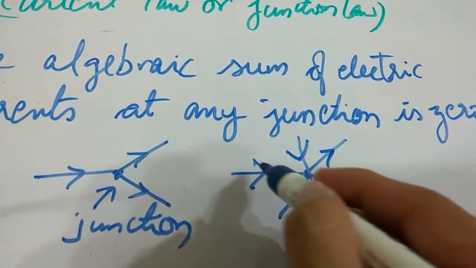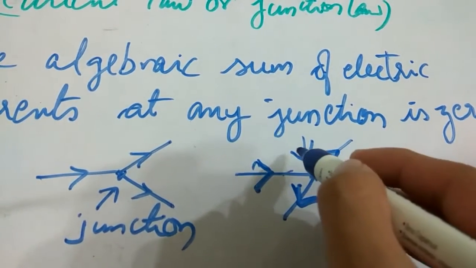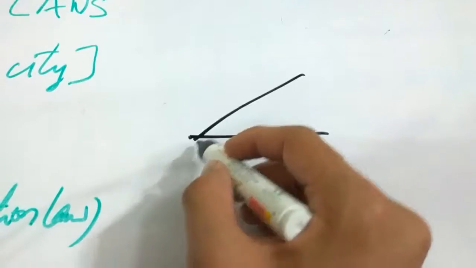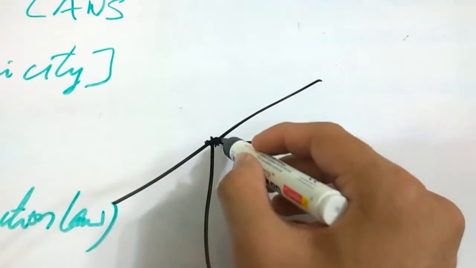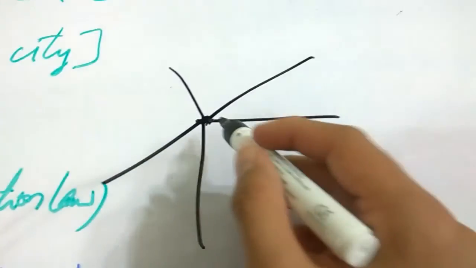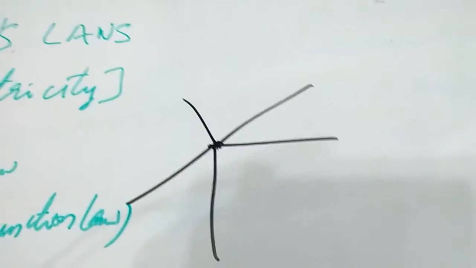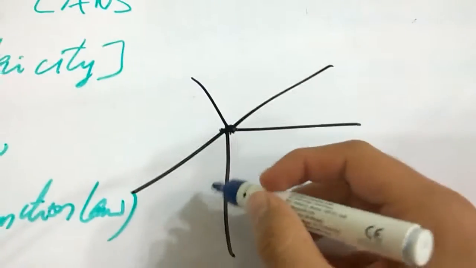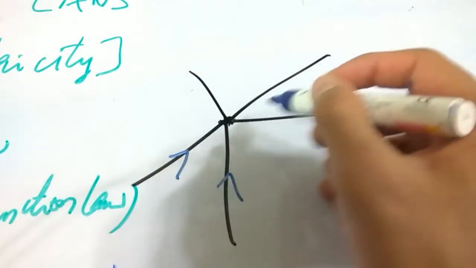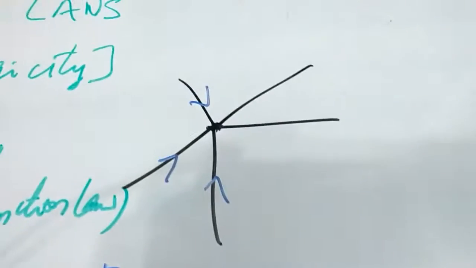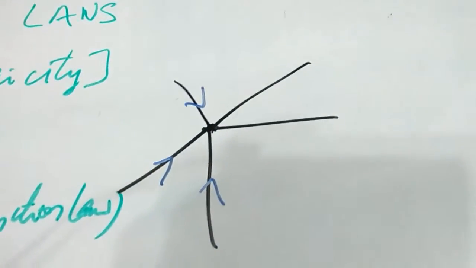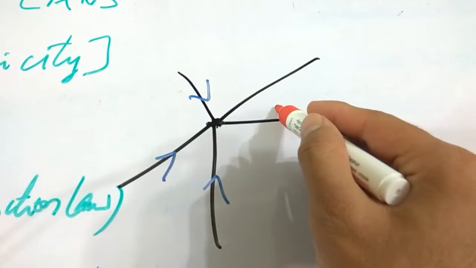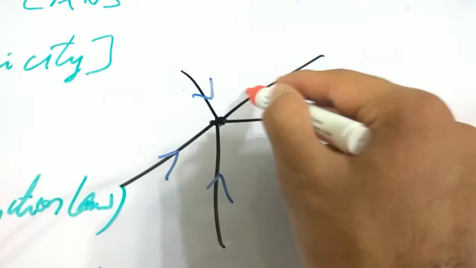I'll draw a better diagram. So let's say this is a junction, and here at the junction, current is coming in from these points. The blue ones are the current coming in, and current is going out from these two.